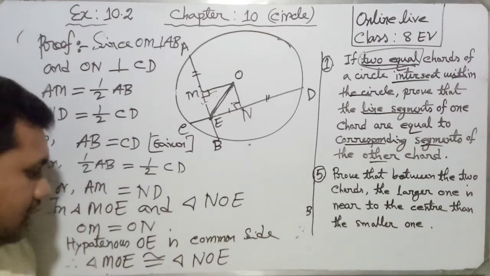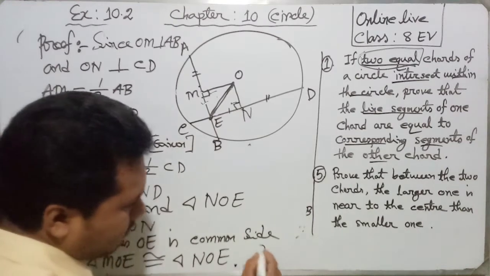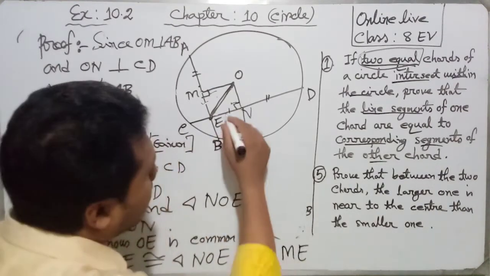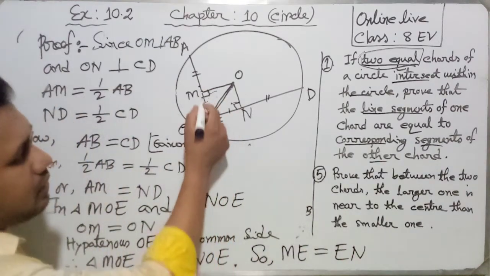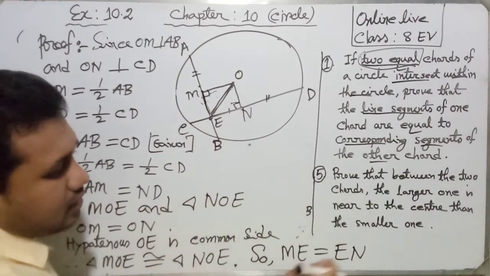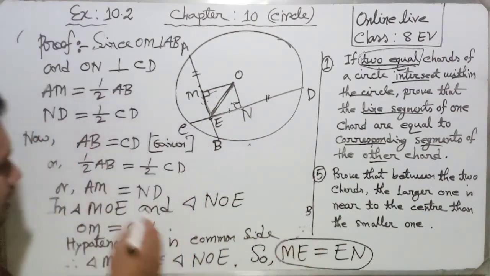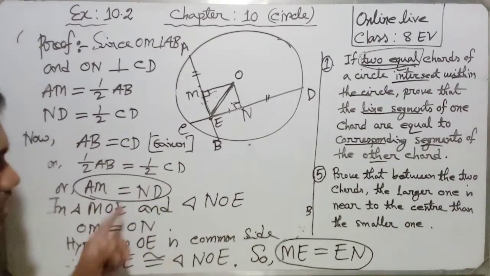Now dear students, these two triangles are congruent. So we can write ME equals EN. So this ME and this EN, both are equal. Now dear students, look, this one and this one, look, these two equations.